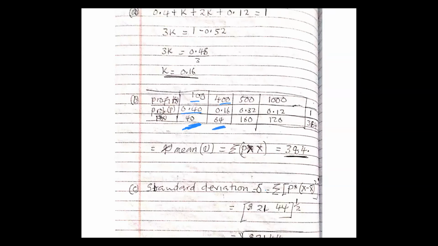Then 0.32, where you had 2K, is 2 times 0.16, which is 0.32, times this 500, it gives you 160. And 0.12 times 1,000 gives you 120.